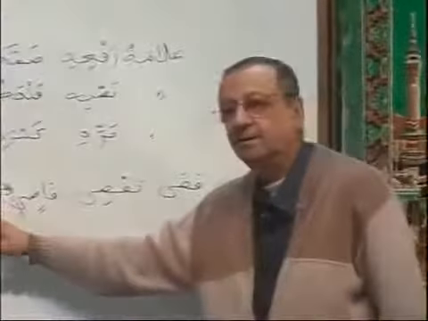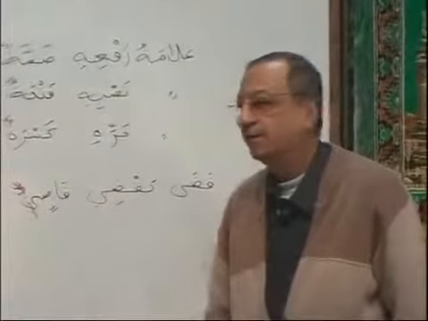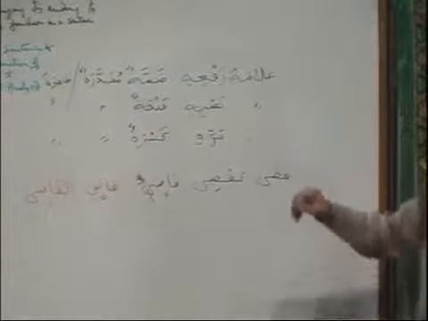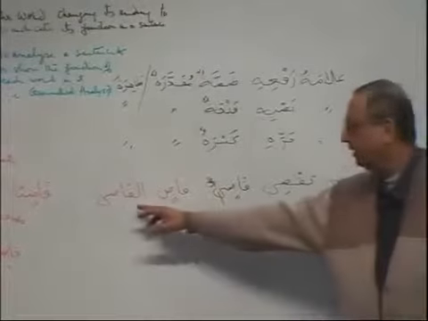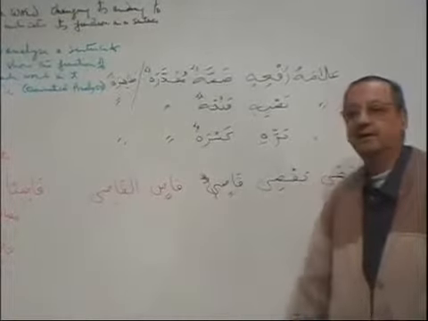So when the qadin, brother and sister, is marfu, we say, alamatu raf'ihi ad-dammatul muqaddara. But that will be for qadi, because you can see the ya.